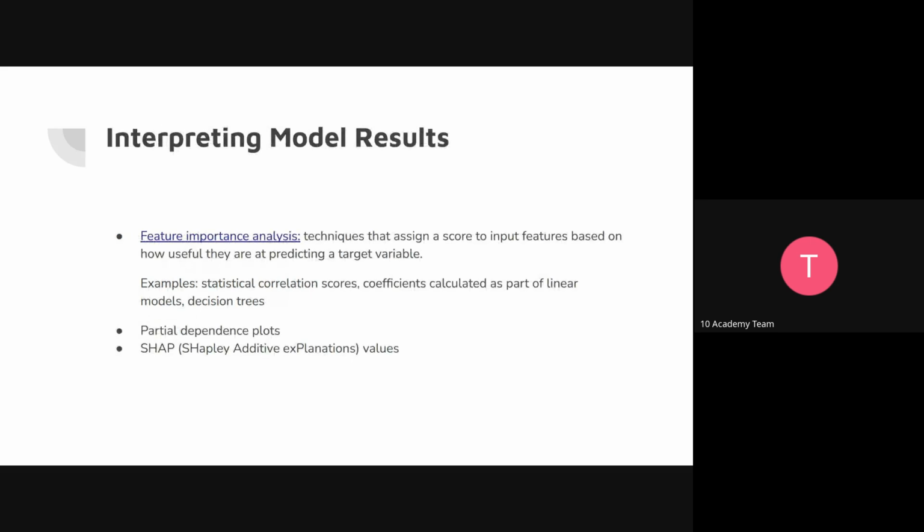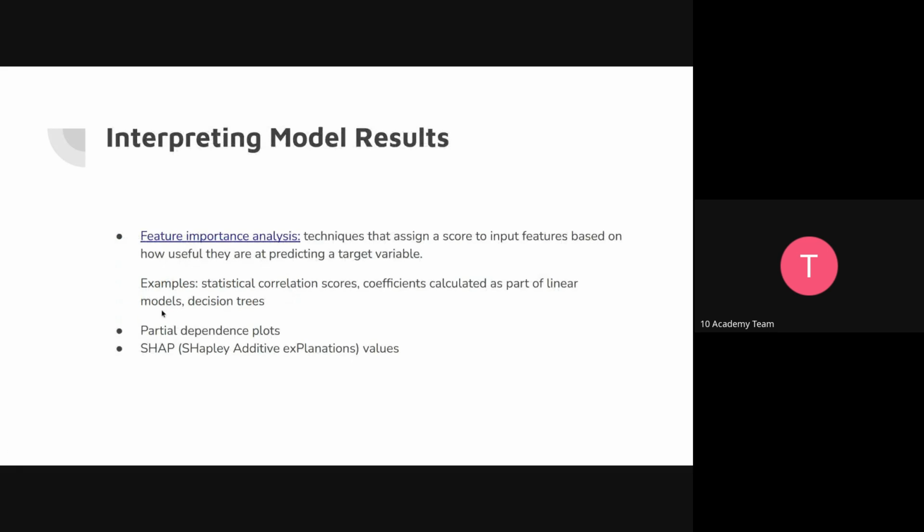Okay, and besides the evaluation of the performance itself, you can interpret the results. In regression, we're trying to understand the relationship between variables. The main goal is to get a good prediction for our target variable so we can predict it in the future.